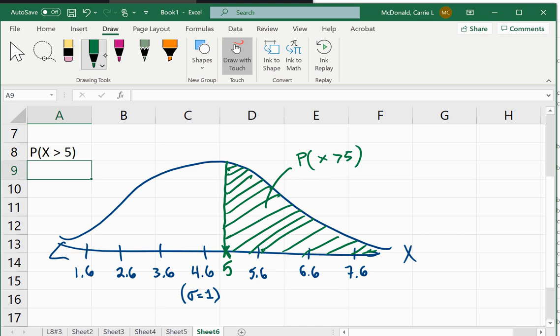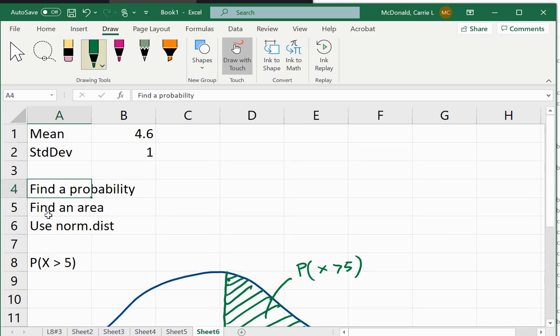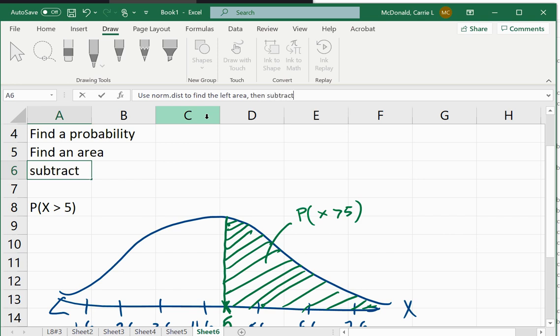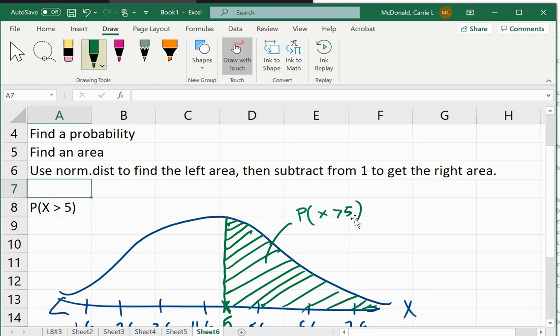So remember, we can use norm.dist like we said we were going to, right? Finding a probability is the same thing as finding an area, which means we use norm.dist. But norm.dist will give us the left area, and since the area we want as our final answer is the right area, then subtract it from 1 to get the right area.